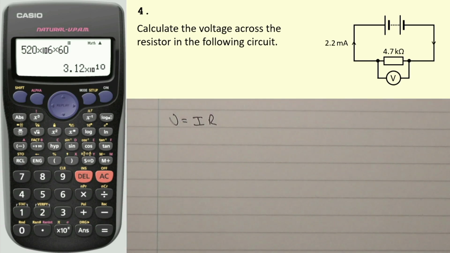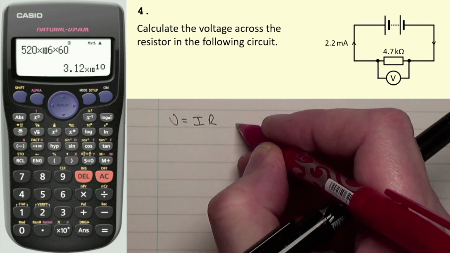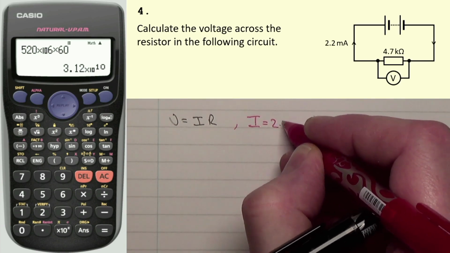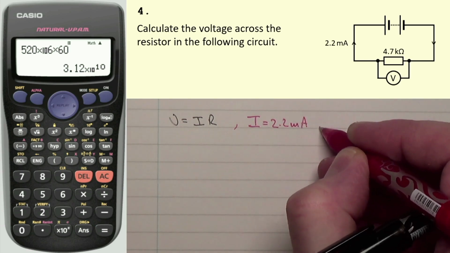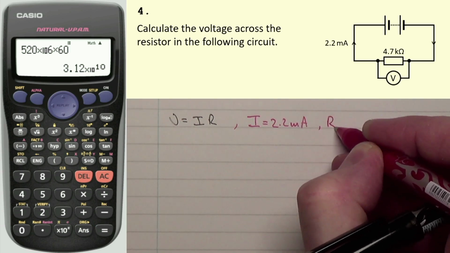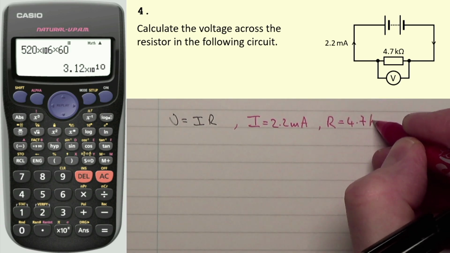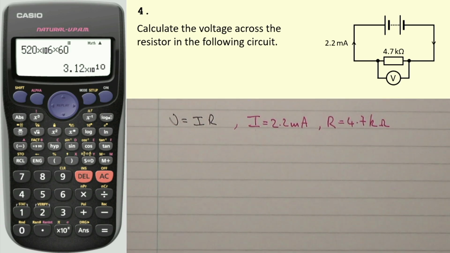And the two values that we're told are, again, you wouldn't have to write these down. I is 2.2 milliamps and R is equal to 4.7 kilo ohms.